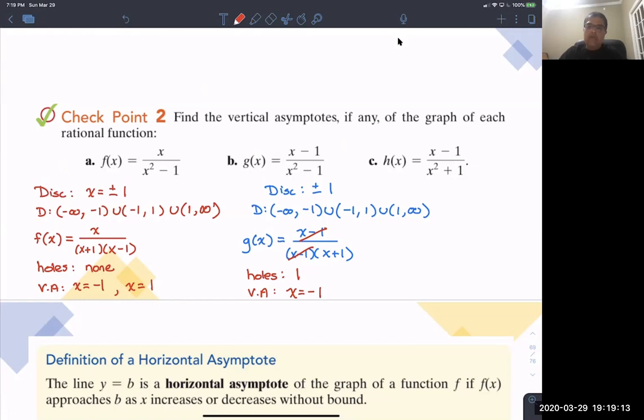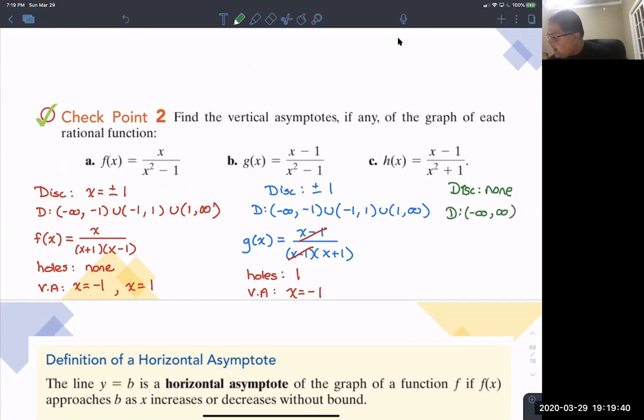Okay, well, let's have you guys do C. I recommend that you pause the video and come back to see the solution. Now, I'm not going to walk through it, but there's no discontinuities. That means my domain is all real numbers.